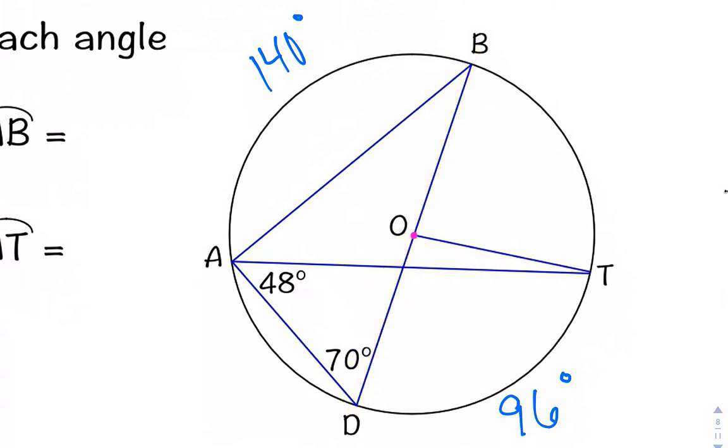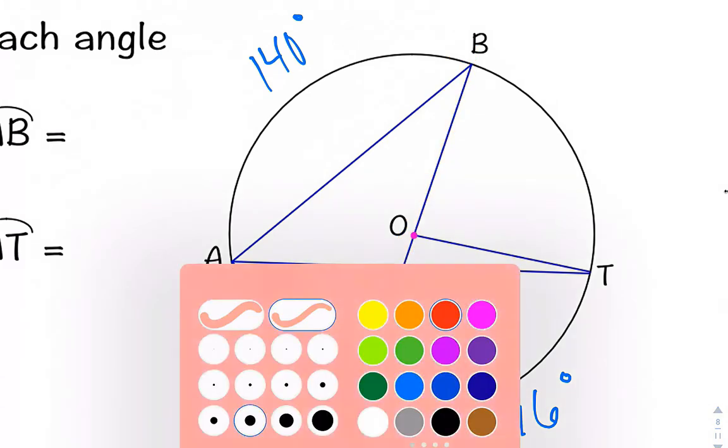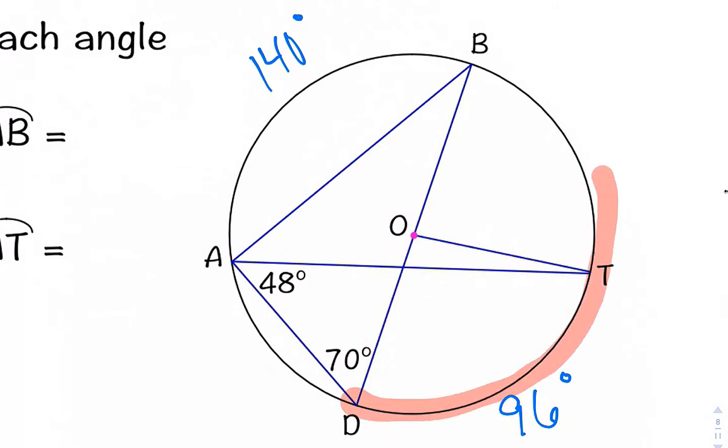So if I look at this arc here, remember that's a semicircle, that should be 180 degrees. Well, a part of it's 96. So if I want the other part, I take away that 96 from 180, and I end up with 84 degrees. So this arc is 84. That's from B to T.